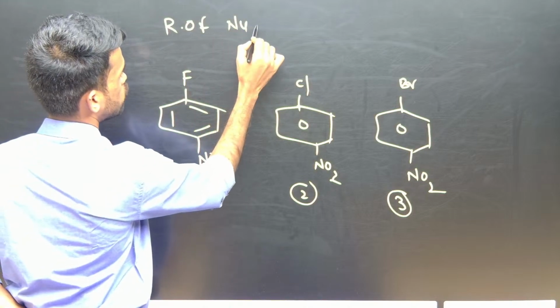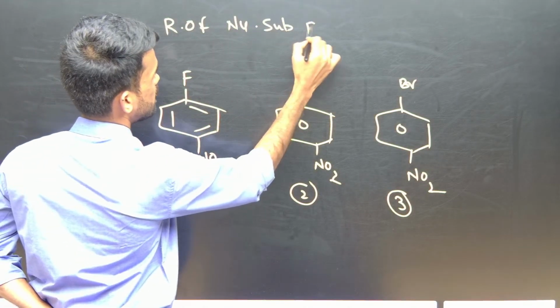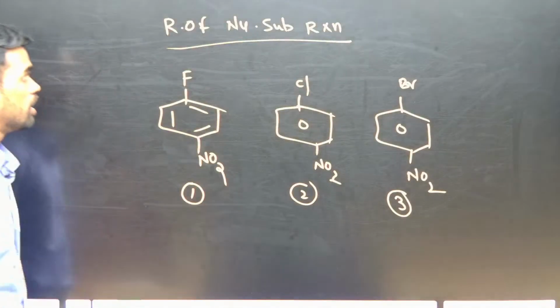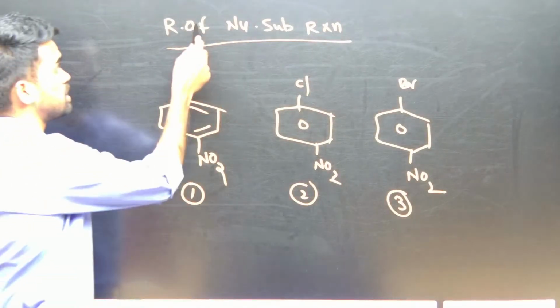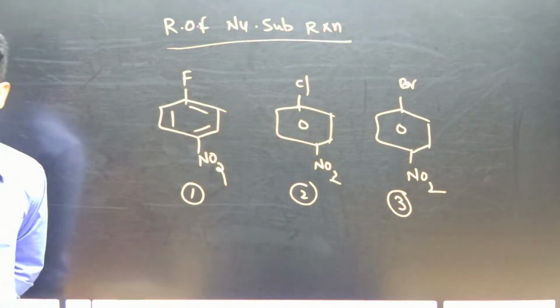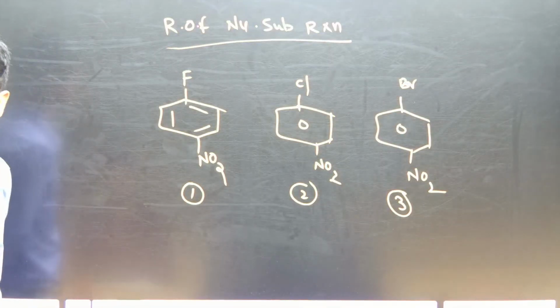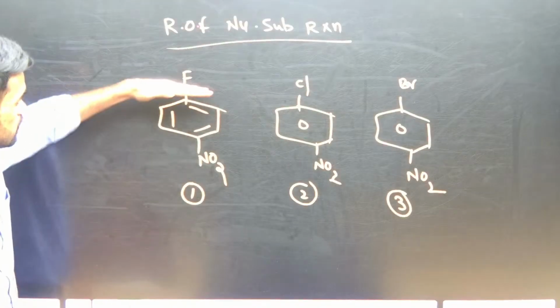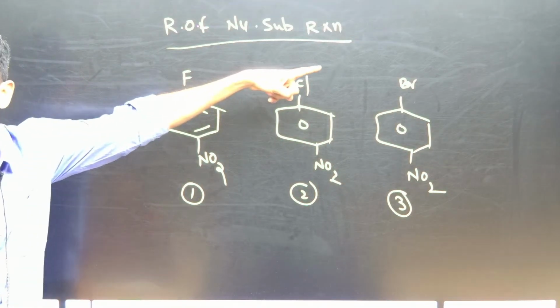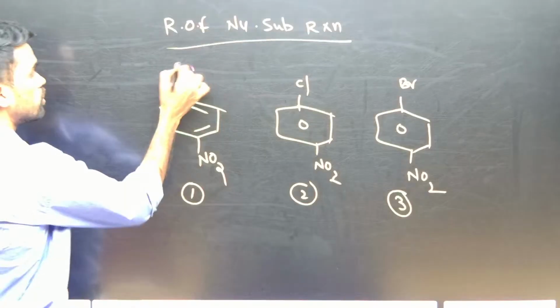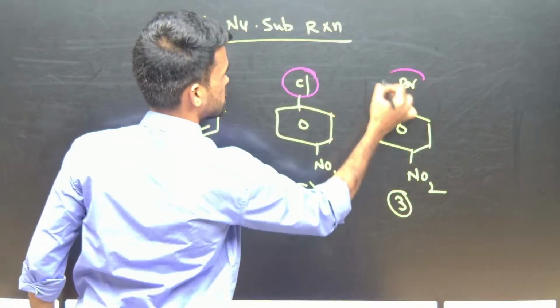Which is more easily participating in aromatic nucleophilic substitution out of these 3? They will ask like this. What makes the difference? Everything is the same except these halogens. So you need to write your answer with respect to these halogens.